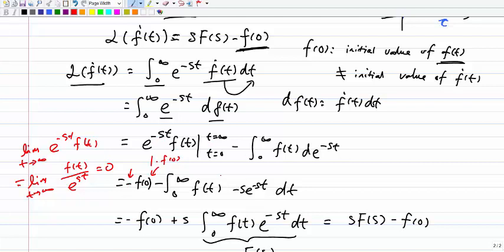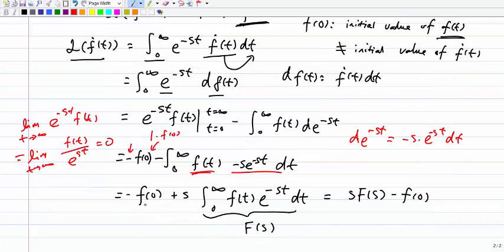And still minus again, integral from 0 to infinity, so d of e^(-st) is, using the chain rule, minus s times e^(-st) dt. That's why we have it here, and put f(t) over here again. So I keep that minus f(0) here again.